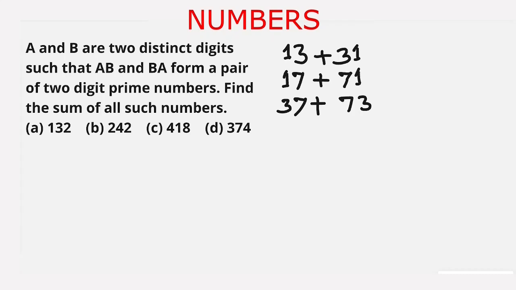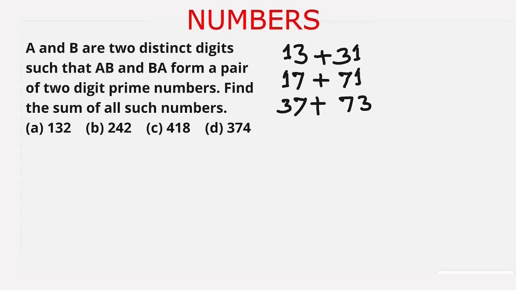So 43 and 34 are not of our use. The next number is 47 and 74. 74 is not a prime as it is an even number. Then the next prime number is 53. 53 and 35. 35 is not prime as it is divisible by 7 and 5.